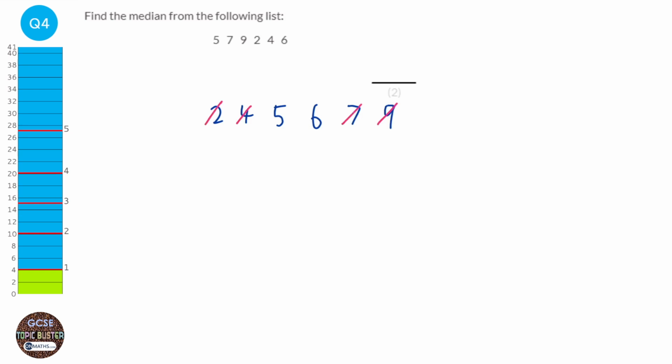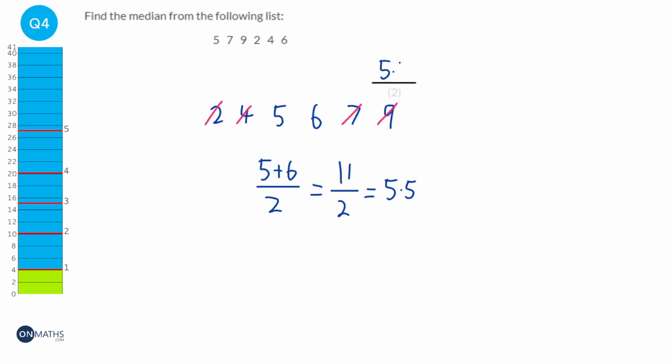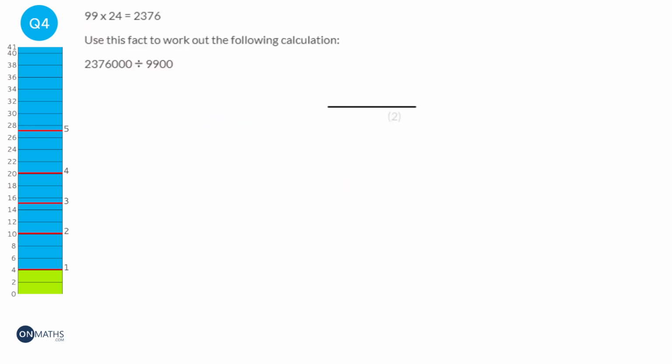Now you see here that I can't cross out the smallest and largest because that will leave no numbers at all. So when you're left with 2 in the middle, all you need to do is add them together and divide by 2. So 5 plus 6 is 11. And 11 divided by 2 is 5.5. And if you look, 5.5 is exactly halfway between 5 and 6.